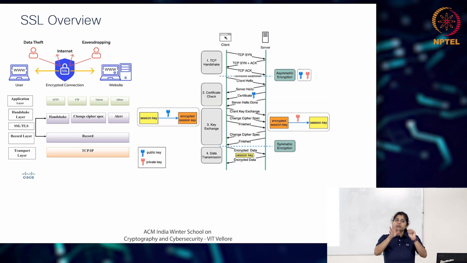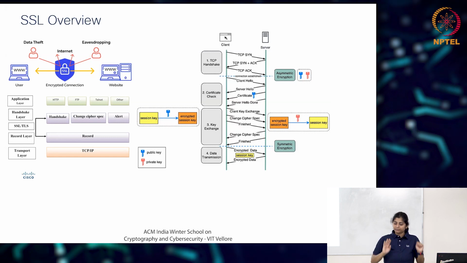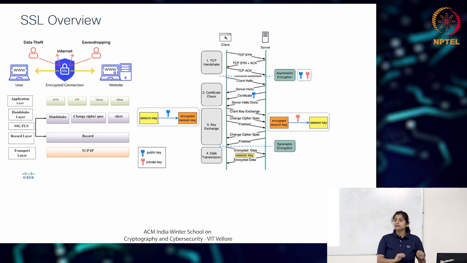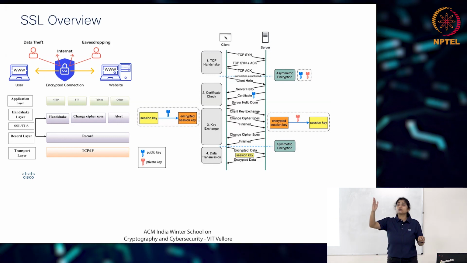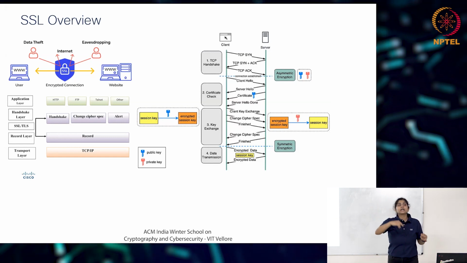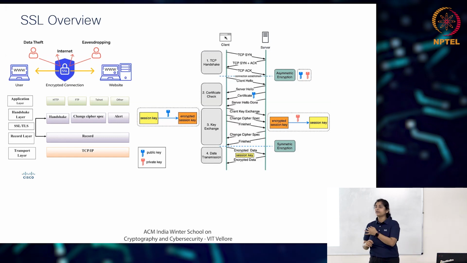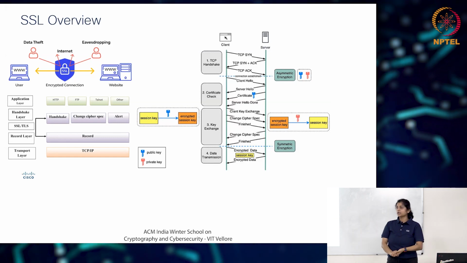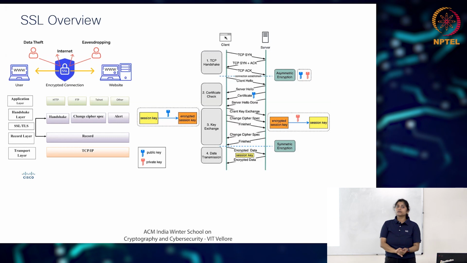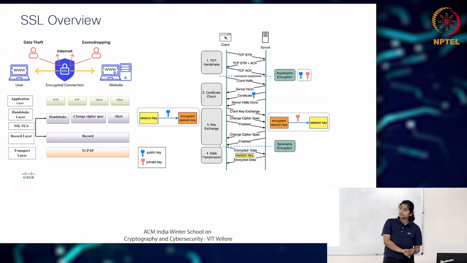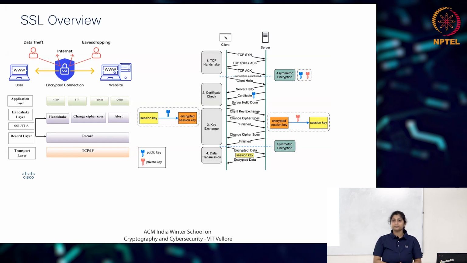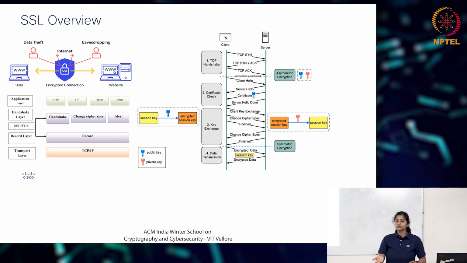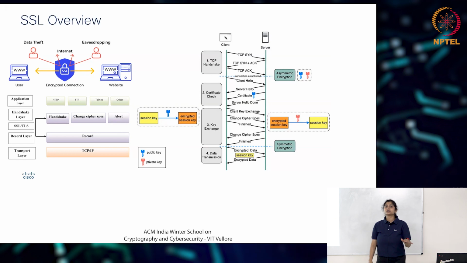Now, once the TCP establishment happens, the client sends something called a client hello packet, very similar to MM1. So, client hello will say, I support these ciphers, I support these key exchange algorithms, okay, this RSA group, and what are all the other attributes that we want to establish with this connection.